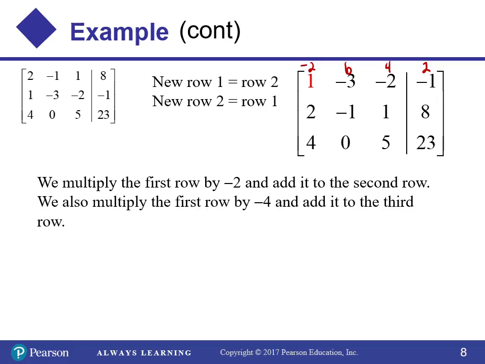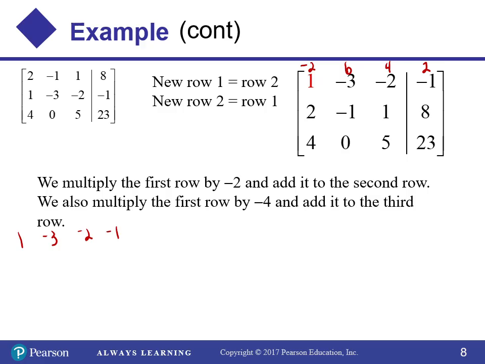Then we're going to add it to the second row, so we take this and add it to this one, so that we end up with a 0. We keep the first row exactly the same. If it's helpful, you can rewrite that row. The 1, the -3, the -2, the -1 stay the same.